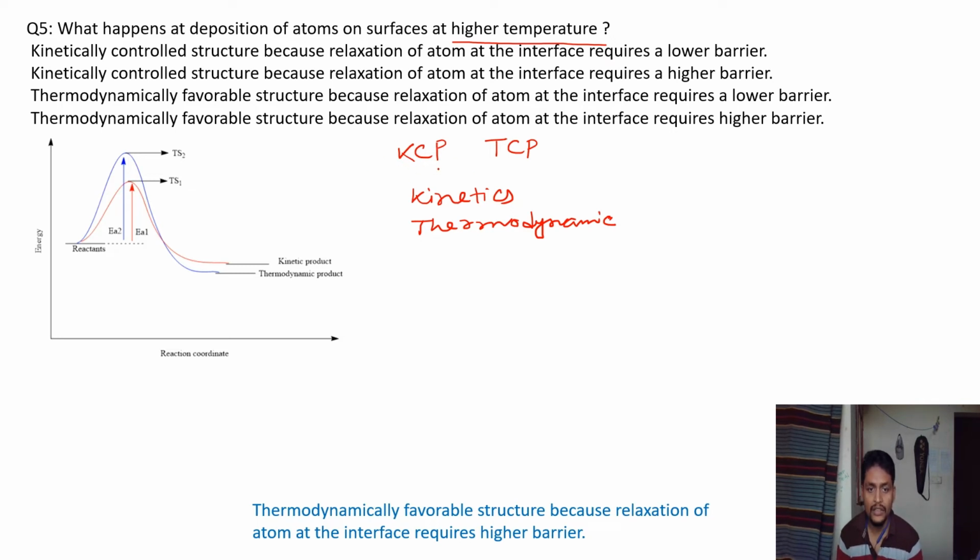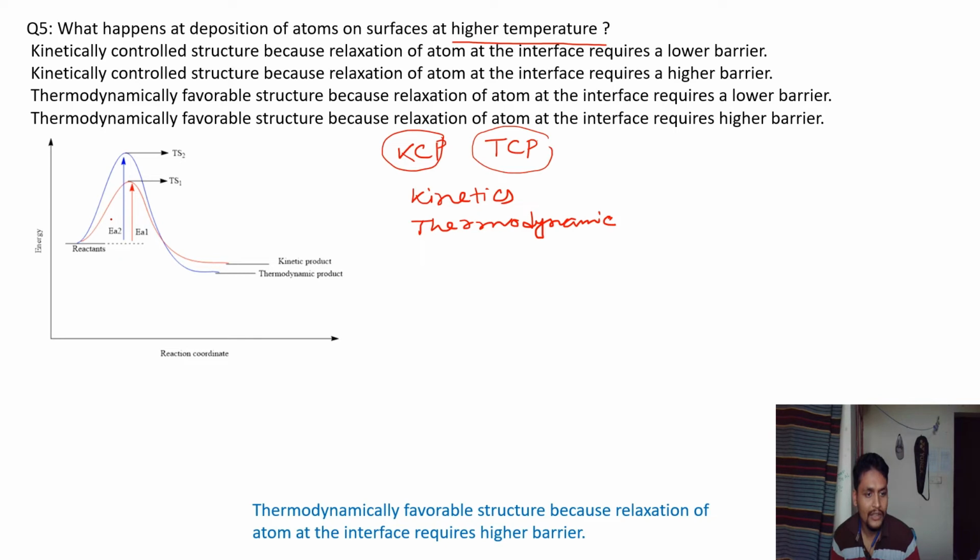And we can call a product which can be formed at lower temperature, that means the activation energy to form it is lower, so it can form at the lower temperature, as KCP. And whenever the activation energy is very high, normal or lower temperature cannot reach that activation energy. So whenever the temperature is higher, only then TCP will occur.